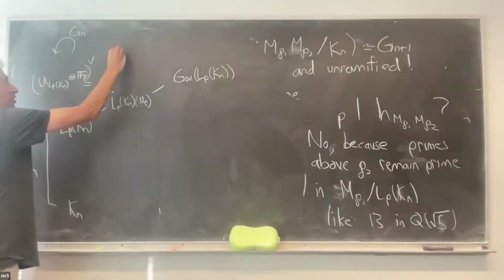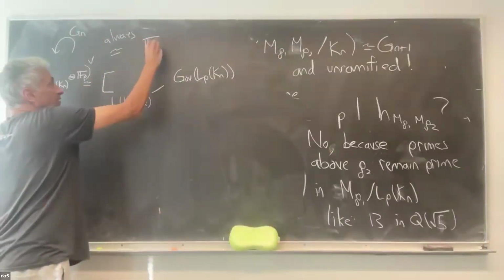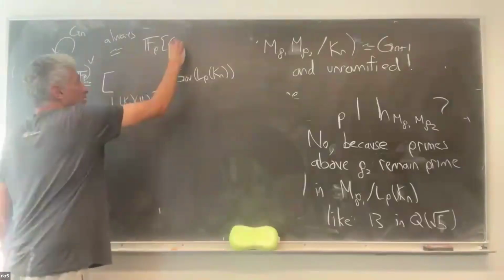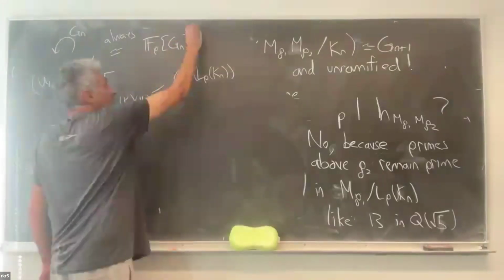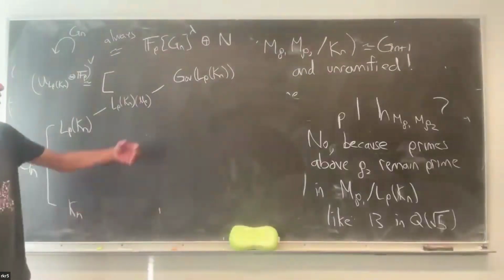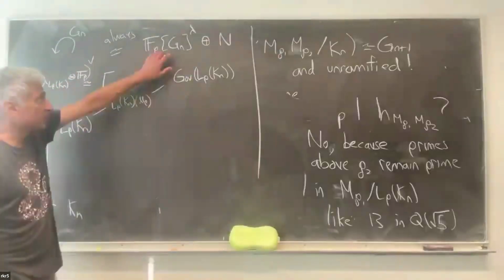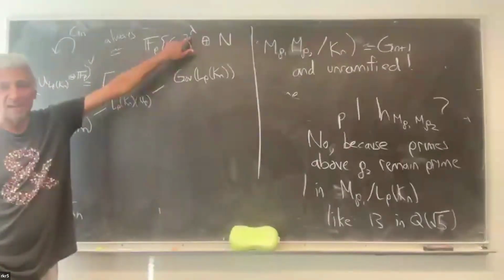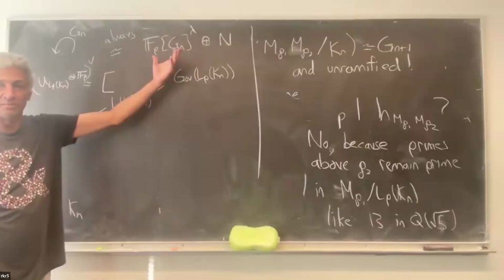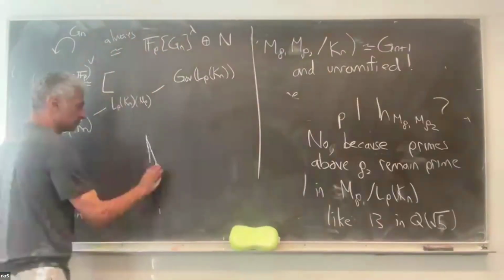Now, it turns out such things are always isomorphic to a free part direct sum a not free part. That's not very helpful because this you have no control over. It turns out that if you can make this free part big, with many free constituents, then you can make this work.